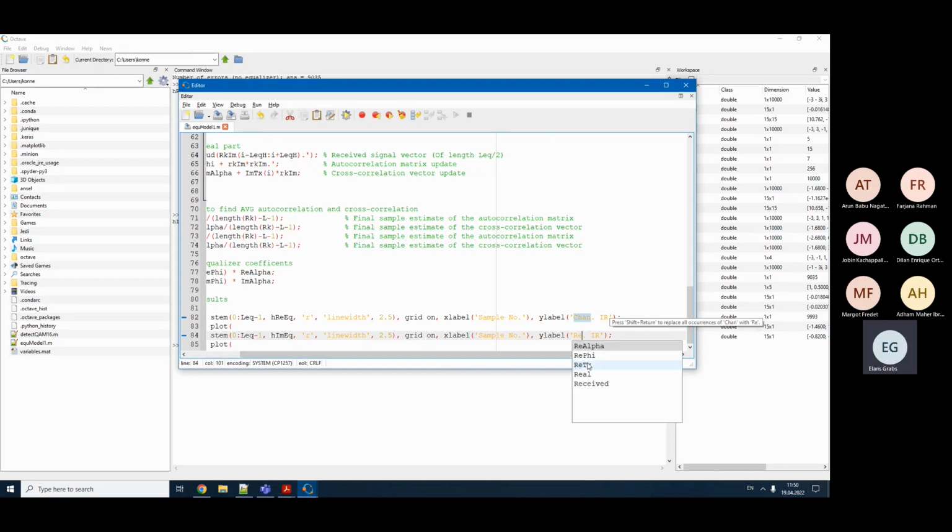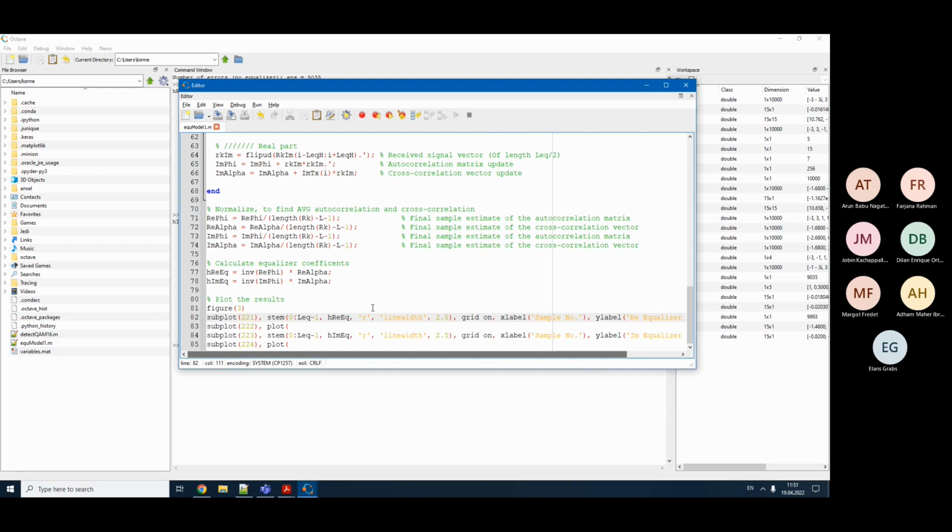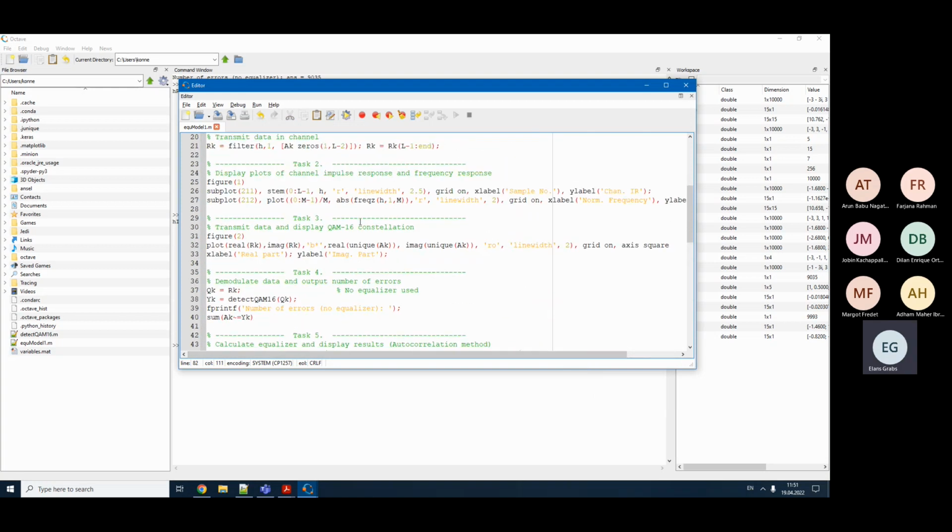So that would be real or imaginary equalizer impulse response. That is going to be real equalizer. Now, similarly for the frequency response, yes.